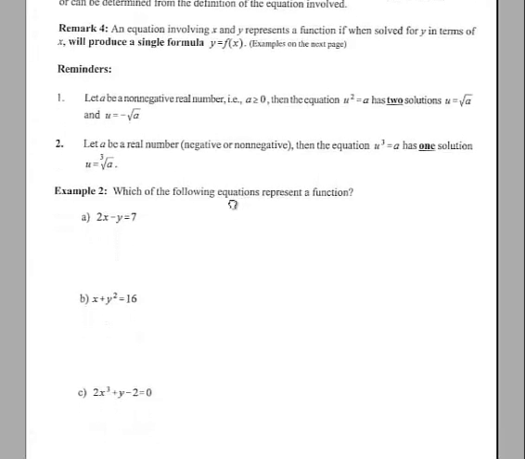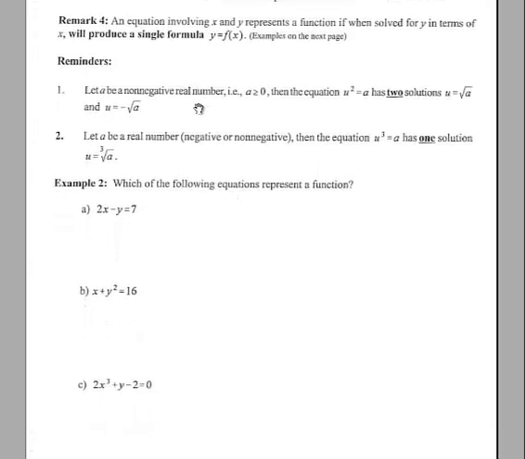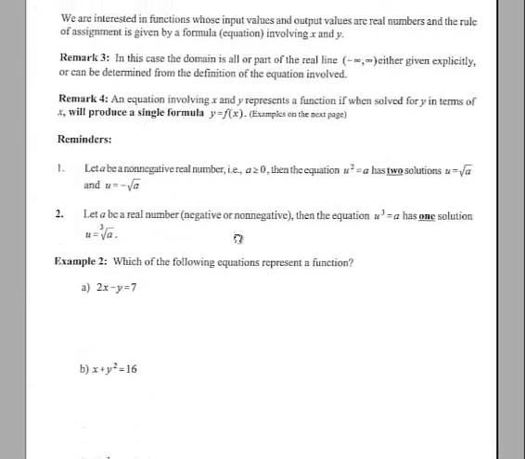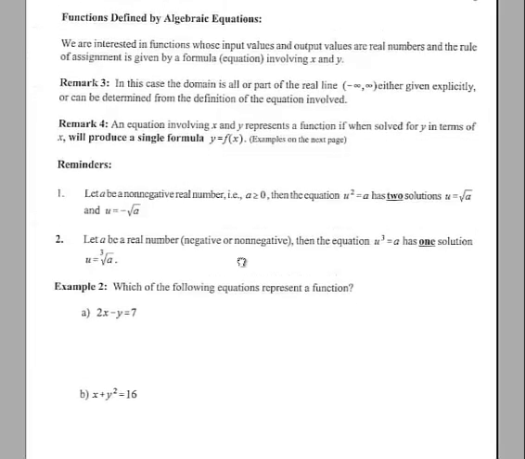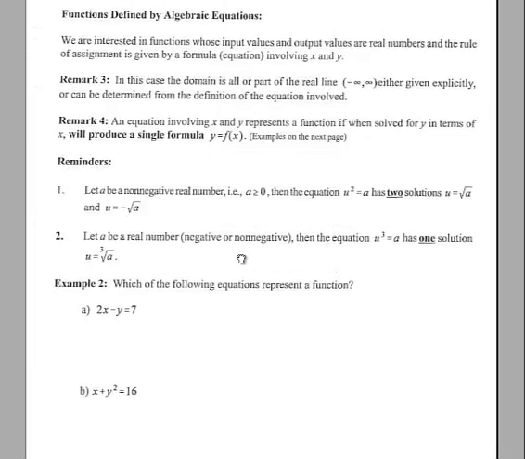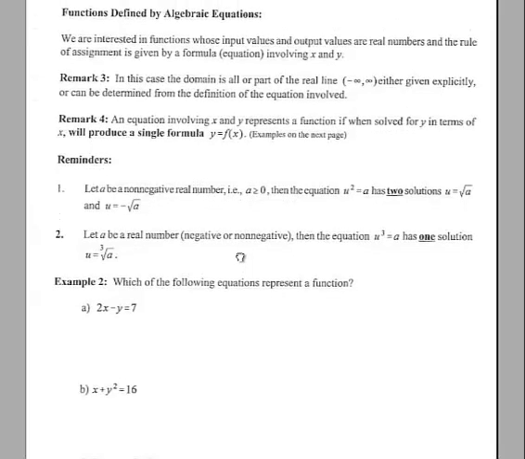Two important things that you need to realize are basically about radicals. When we solve for y, the output, we don't want to get two equations that would give us two different values for an output for one particular input.